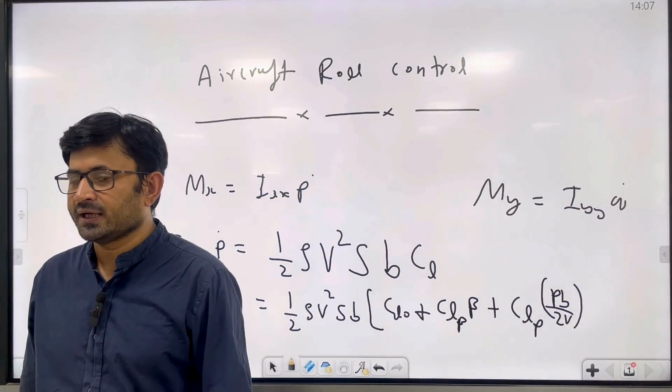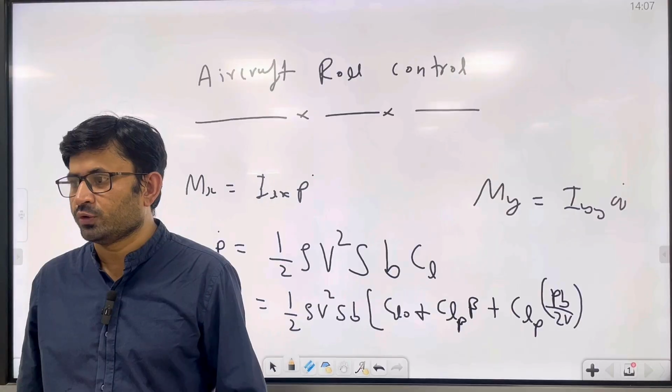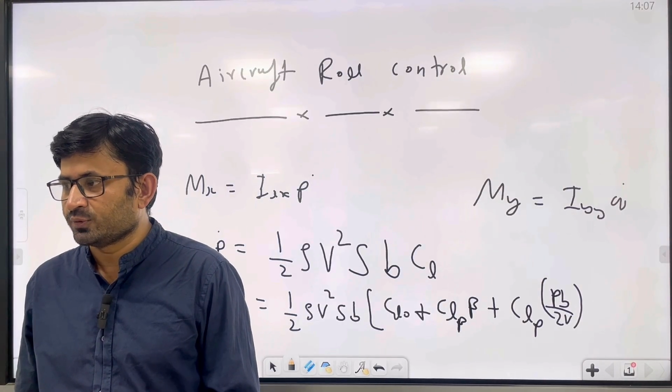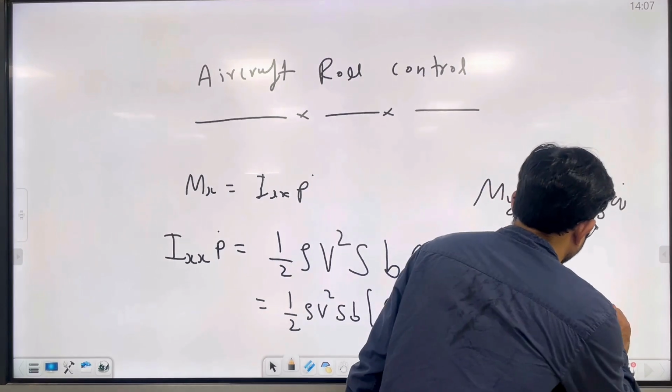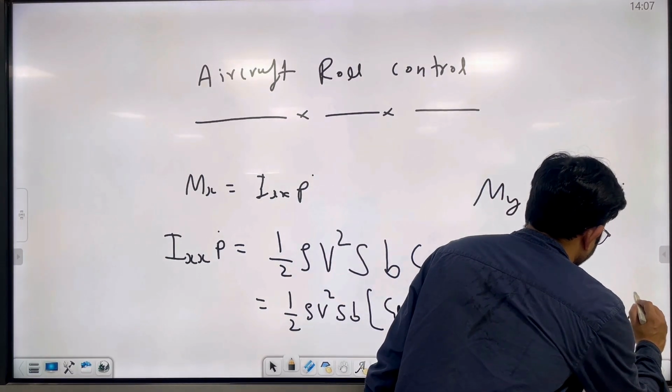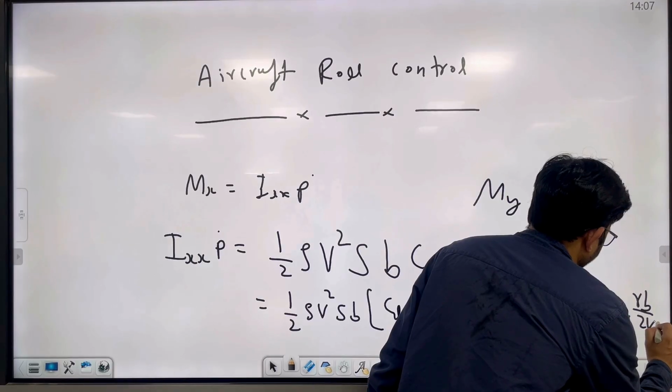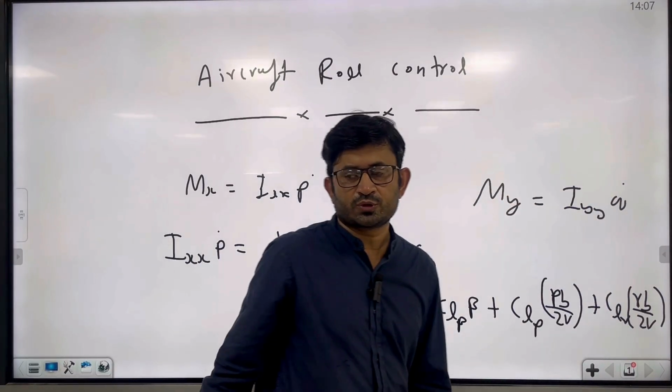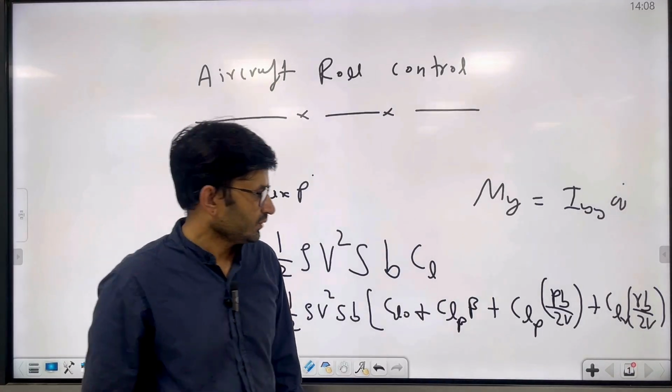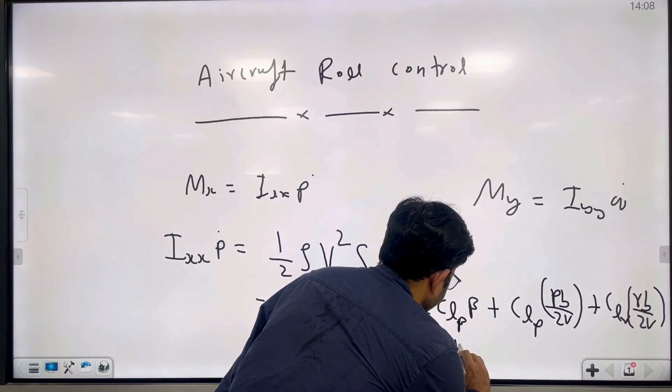Since lateral and directional motions are coupled, when you take a roll motion, obviously yaw motion will happen. So you can write Clr rb divided by 2V, although during the control design process we will neglect this coupling term and treat it as a disturbance.